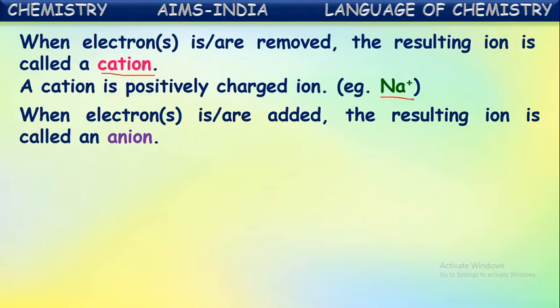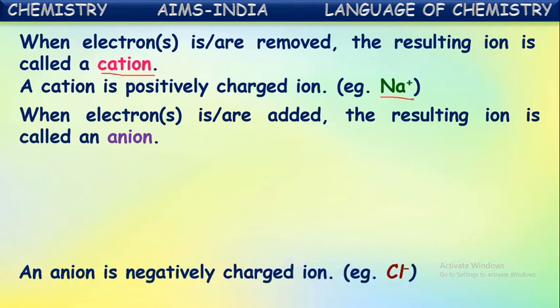When electrons are added, the resulting ion is called an anion. In the opposite way, when atoms gain electrons, they attain some negative charge. Then the ions formed by gaining either one or more electrons are called anions.